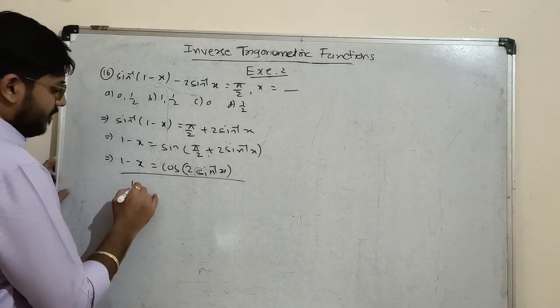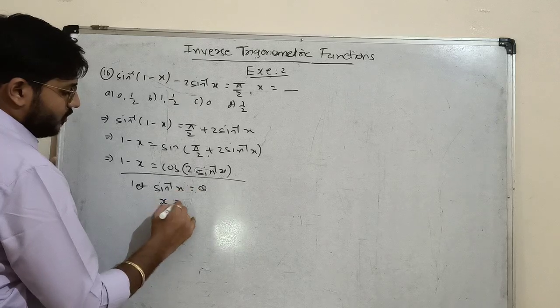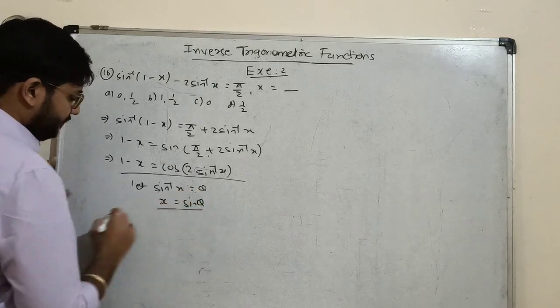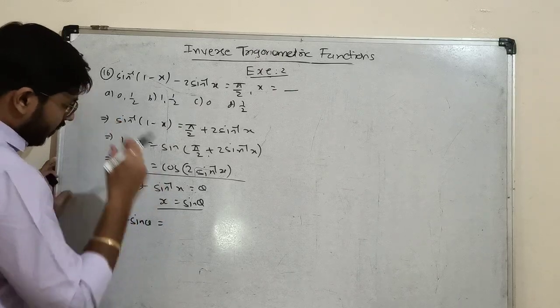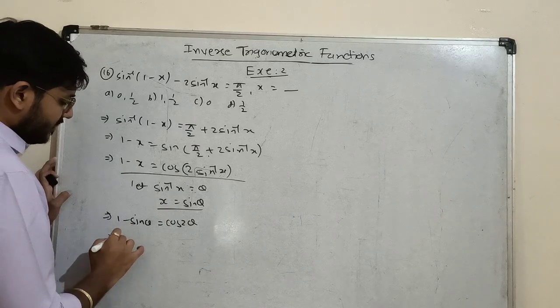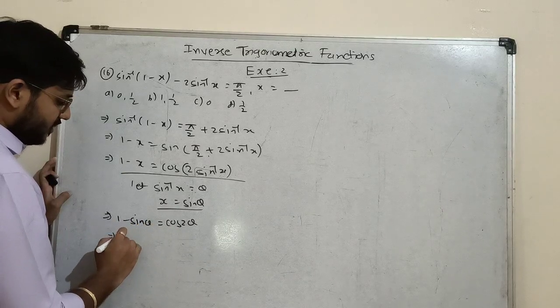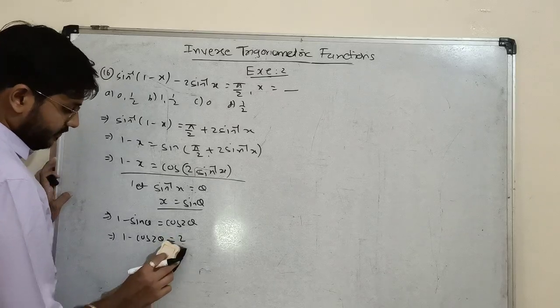Sine of pi by 2 plus theta is cos theta. Now let me assume sine inverse x as theta. So x equals sine theta. So 1 minus sine theta equals cos 2 theta. So this can be written as 1 minus cos 2 theta equals sine theta.